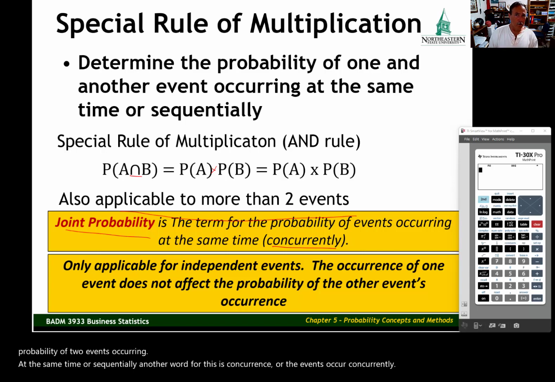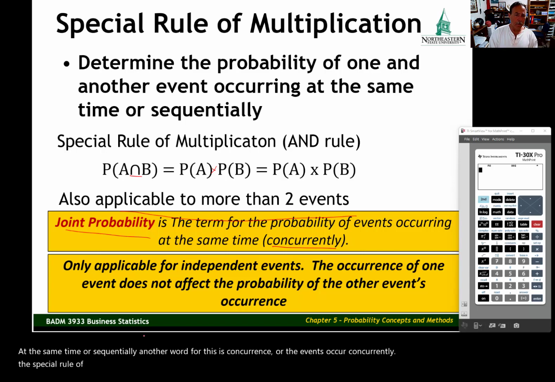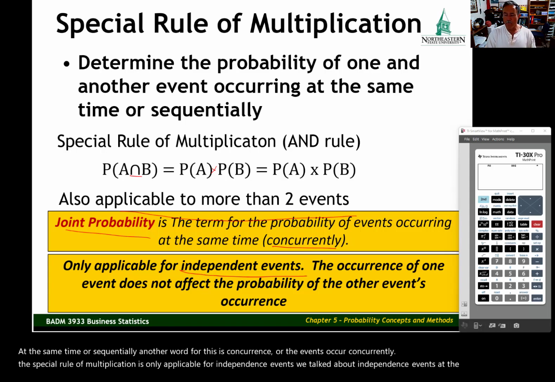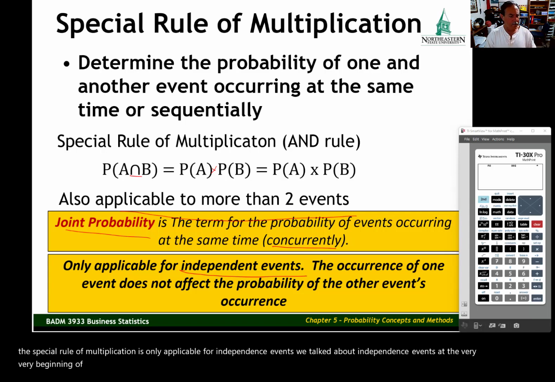The special rule of multiplication is only applicable for independent events. We talked about independent events at the very beginning of this unit in class. I don't have a video on it. But independent events are events whose probability is not affected by previous occurrences.